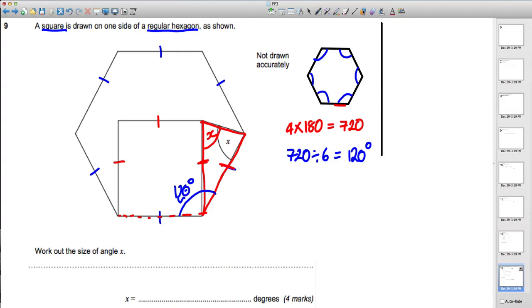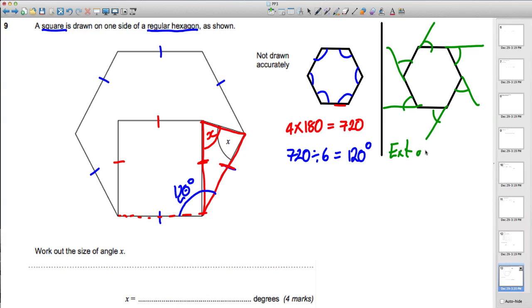Now the other way of doing it, just to quickly show you the other way of doing it, whichever you prefer, here's another hexagon, and what you should know is you should know that the exterior angles of any shape, these angles here, always add to 360. So the exterior angles add to 360.